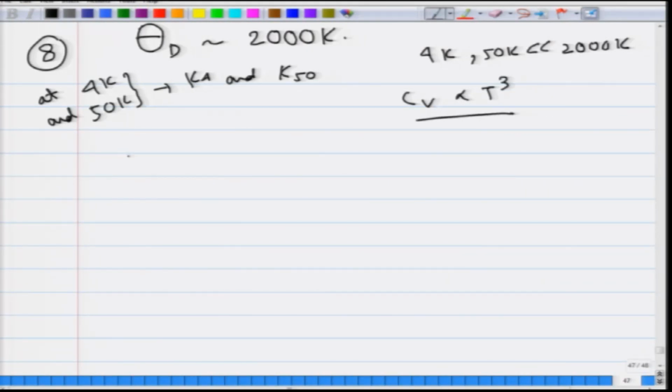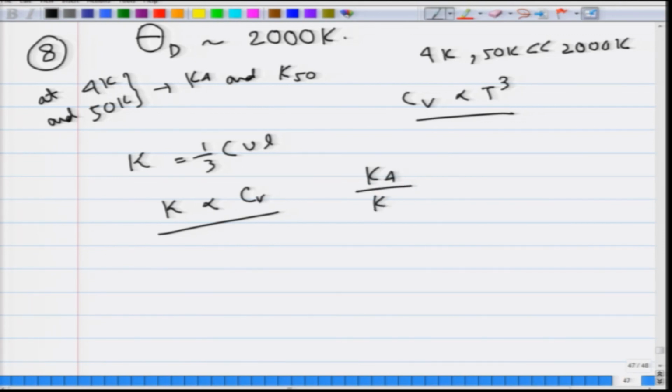So we have kappa, I mean K, the thermal conductivity, which is 1/3 C V L. So K will be proportional to Cv, the specific heat. So K4 by K50, the ratio, will be 4 by 50 whole cube.